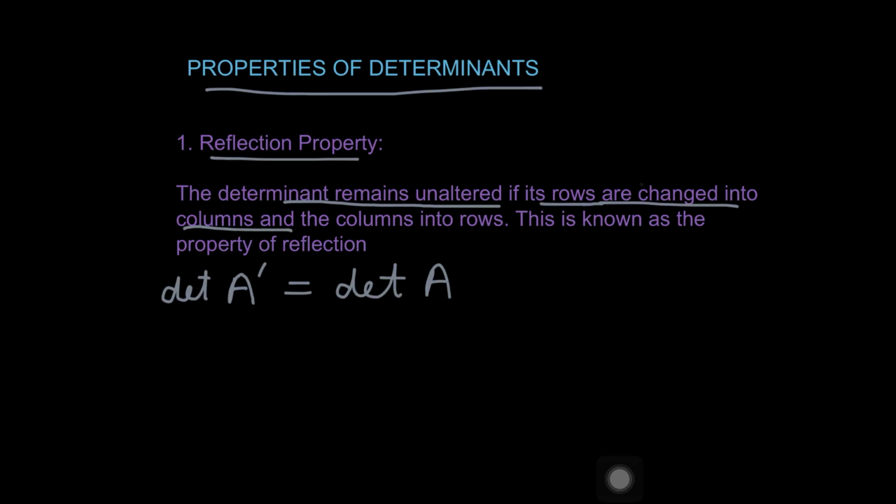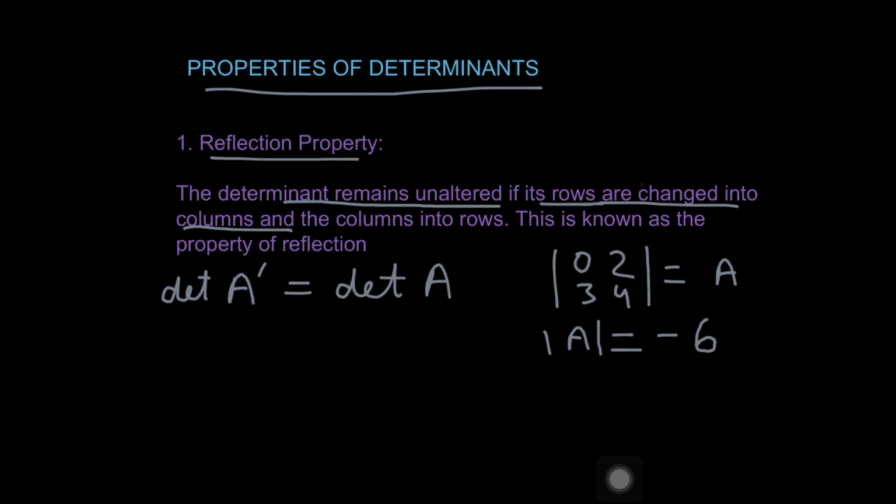Just telling you one example also. Suppose you have a matrix, this one, and you're finding the determinant of this. So what will be the determinant of this? Suppose this is A, so the determinant of A will come out to be -6.